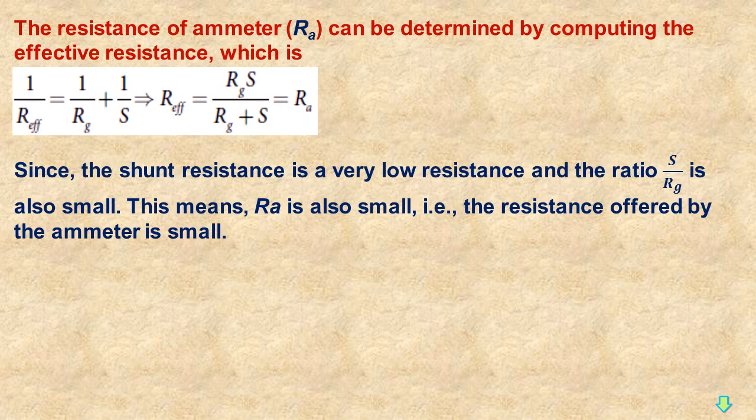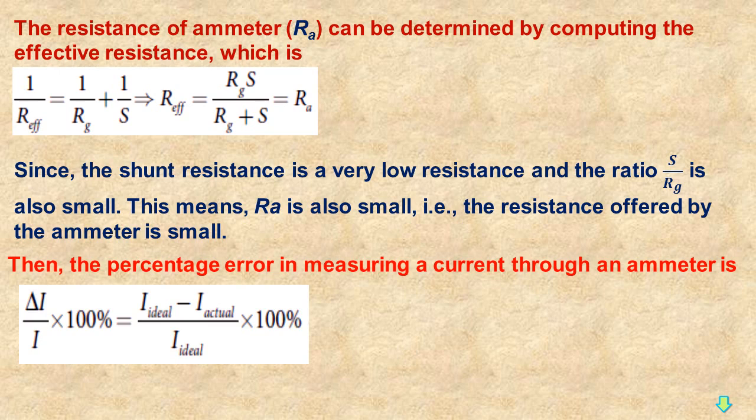For an ideal ammeter, the resistance must be equal to 0. Then the percentage error in measuring current through an ammeter is delta I divided by I into 100%, which is equal to I ideal minus I actual divided by I ideal into 100%.